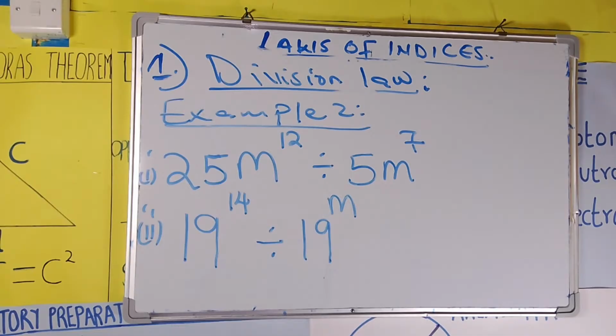Nelson, 5m power 5 is correct. Njeli Njuguna, 5m power 5, it is correct.